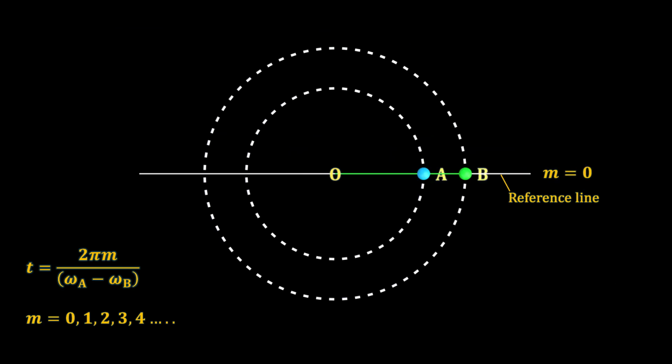When m equals 0, this corresponds to the initial time t equals 0 when they are side by side.